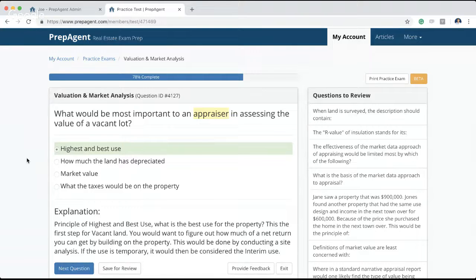So if you have a $100,000 property and it's $1,000 a month, what would the annual gross rent multiplier be? I don't think I said annual, I apologize for that. I should have phrased that a little better.